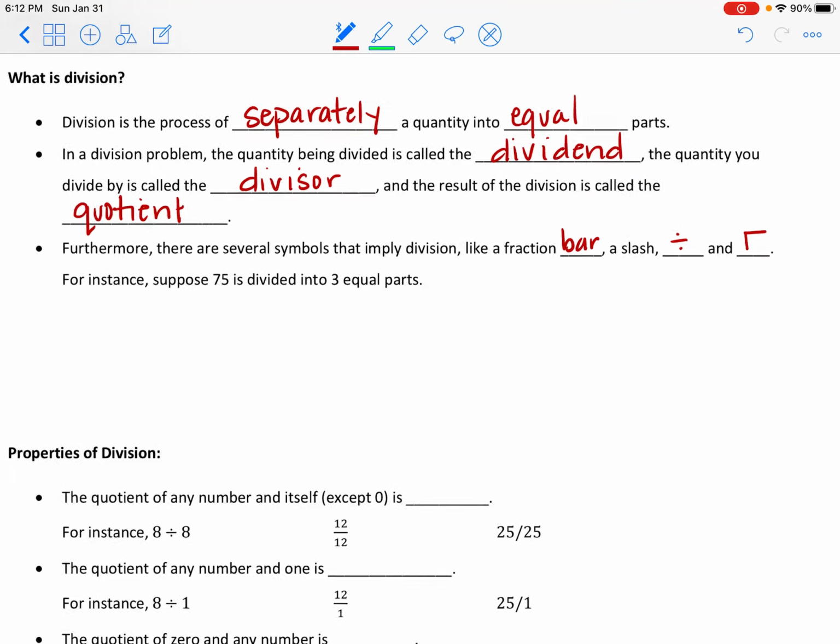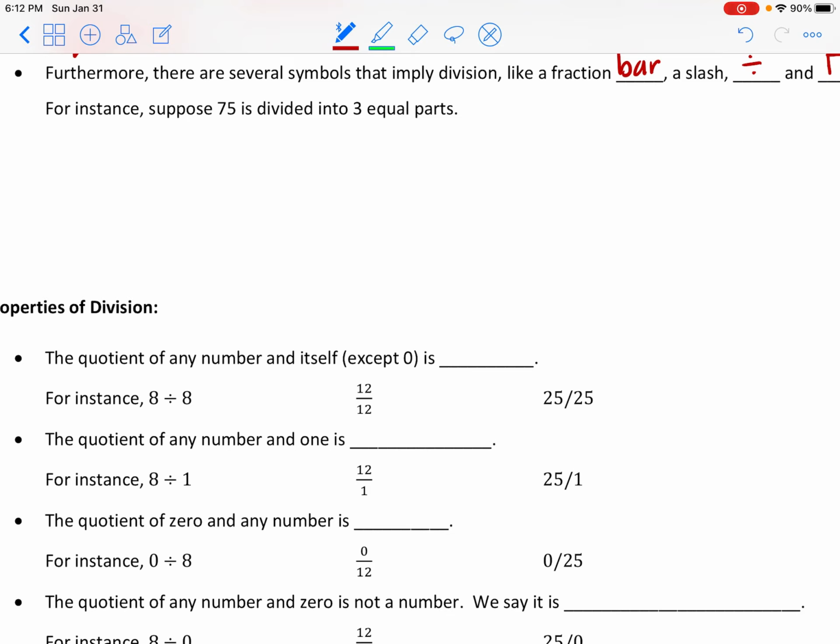So let's say, for instance, we had 75 and we divided it into 3 equal parts. 75 divided by 3 could be written like that. The result would be 25 in each of those parts. Or I could say, what is 75 divided by 3 like this?